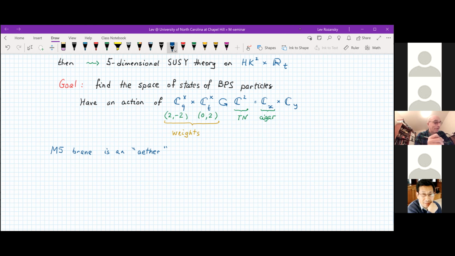So first of all, an M5 brane is 6-dimensional. It's a 6-dimensional submanifold in M11. So if you ignore time, it will be 5-dimensional. It consists of something 3-dimensional, which sits inside the Calabi-Yau, and it should be Lagrangian.